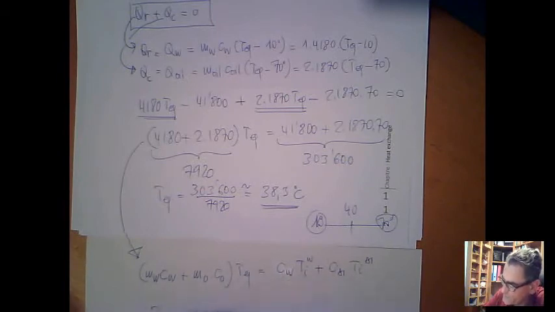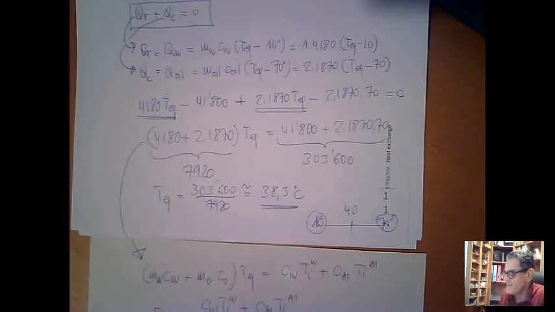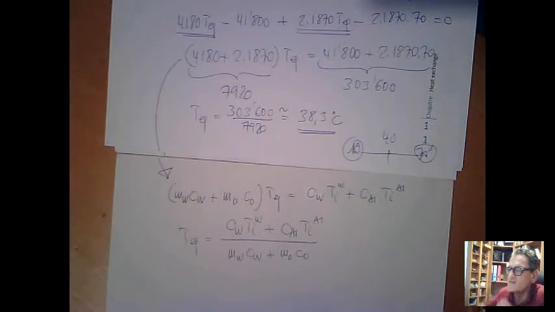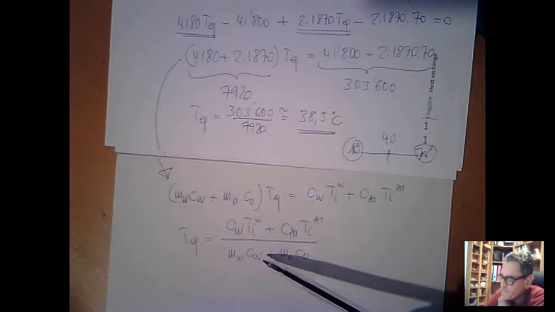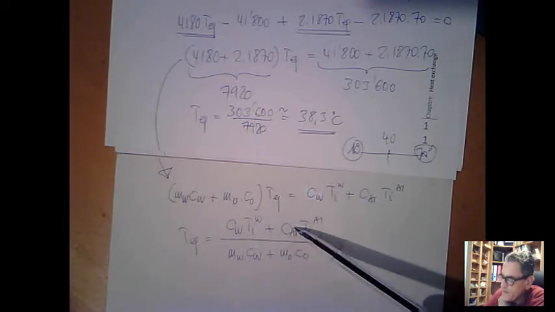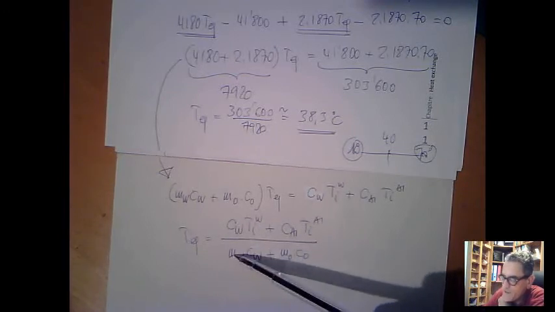So the equilibrium temperature is going to be given by C_w T_i water plus C aluminium T_i aluminium divided by the mass of the water times the C of the water plus the mass of the oil times the C of the oil. And if you wish, this is in some way an average you are calculating, okay? Because up here you have the C's, and down here you have the C's times the mass.